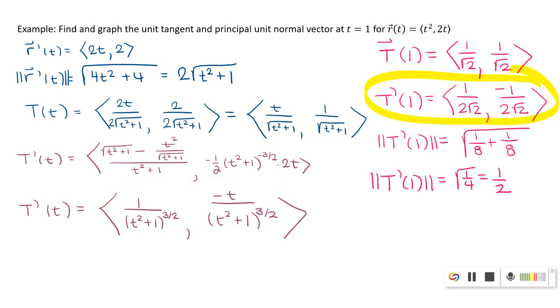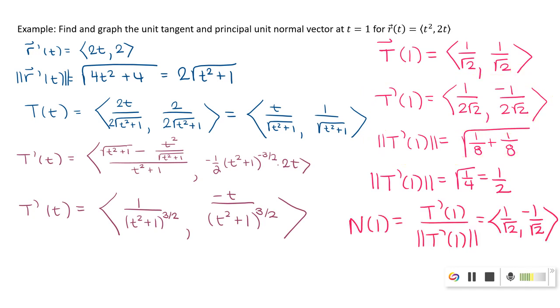Then we have to find the magnitude of T prime of 1. I took the square root of each component squared, added together. I ended up getting the square root of 2/8, so the square root of 1/4, which was a half.